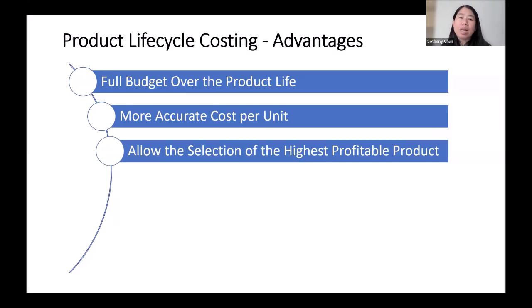Because some products can give you a lot of profit during production or sale, but closing that production itself requires a lot of cost that will eat all the profit you made during the mature stage of the product, where the product is highly needed and we make the highest profit.